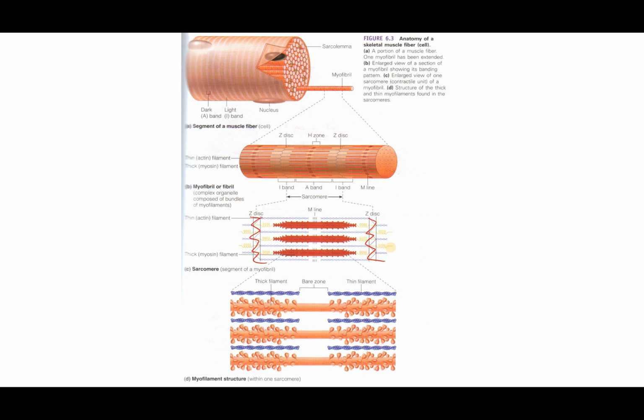Also notice the boundary for the sarcomere: here's the Z disc, there's the Z disc, and it goes from there to there. Now the next slide will have a better picture of this.